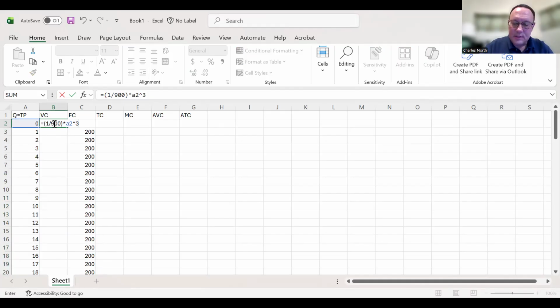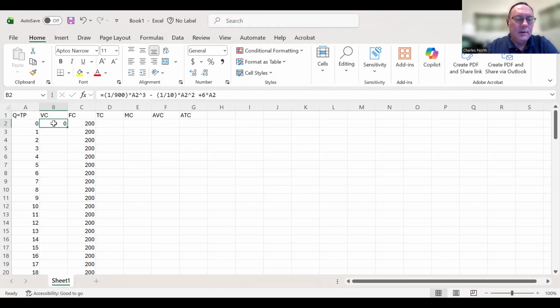And then minus 1 over 10 times Q, which is again A2, to the, where's my caret? Second, plus 6 times A2. And of course, that's going to give us 0 right there.